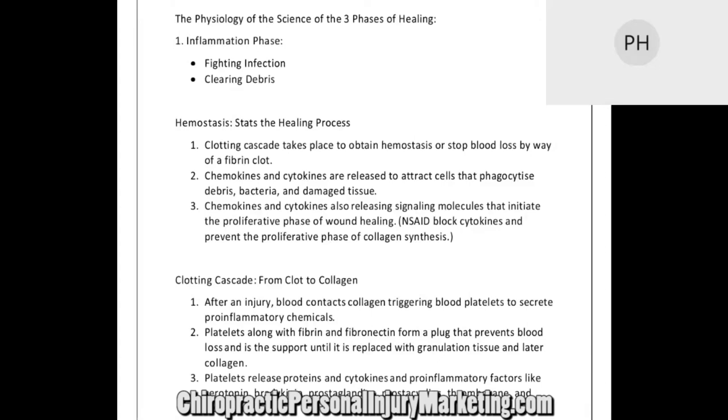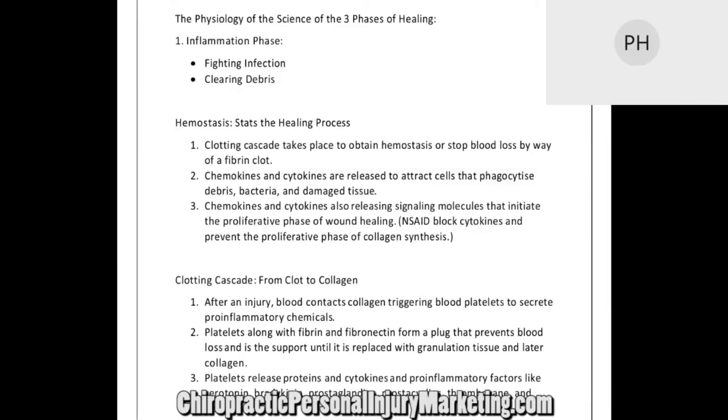Chemokines and cytokines also release signaling molecules that initiate the proliferative phase of wound healing. Now this is really important: NSAIDs, non-steroidal anti-inflammatories, block cytokines and prevent the proliferative phase of collagen synthesis. You've heard me say this before.